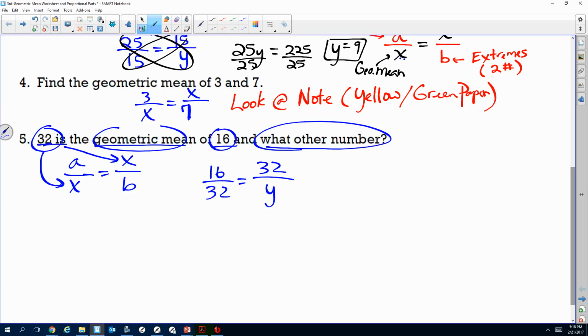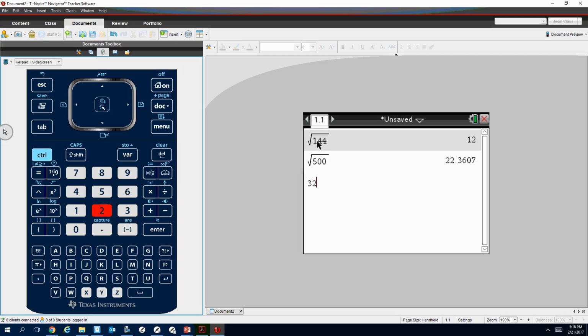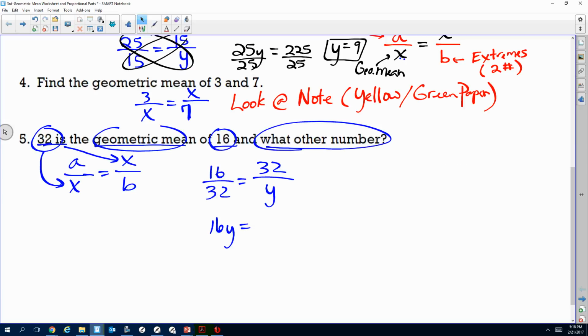So we're going to cross multiply, and we're going to get 16y equals, is this right? 1025? That doesn't sound right. Let me go back to my calculator. Oops, right here. 1024. Okay. So there it is. 1024.